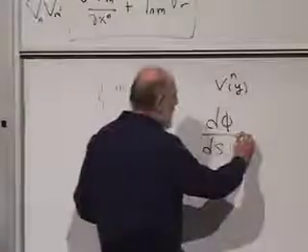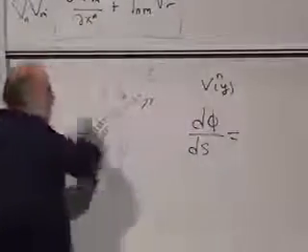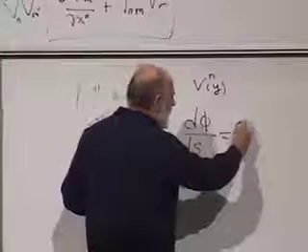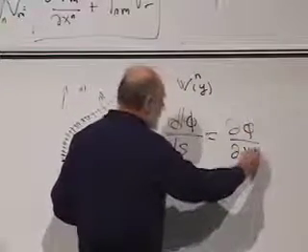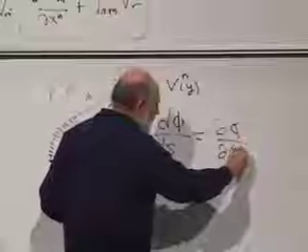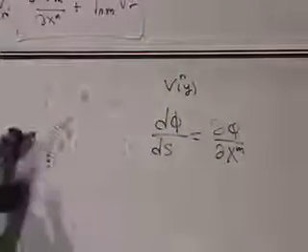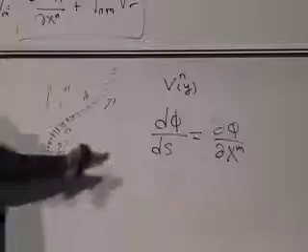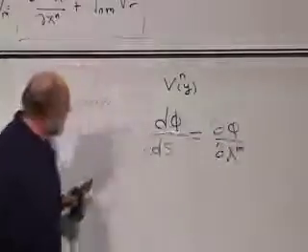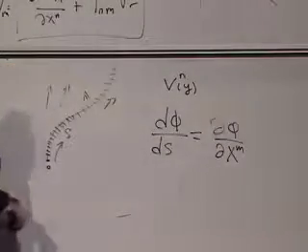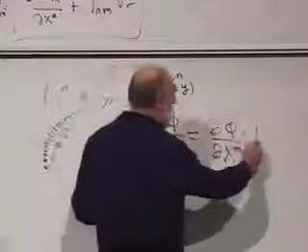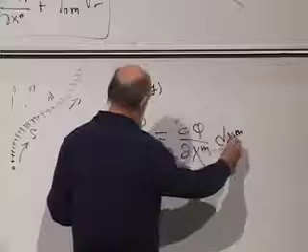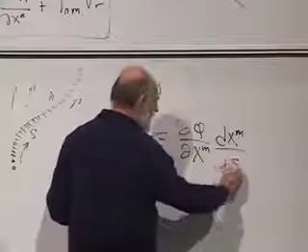Well, if I know how phi varies throughout the geometry, I just write d phi by dx^m, let's say. That's the partial derivative. And then what do I do to make it into the derivative along the curve? We multiply it by dx^m by ds.